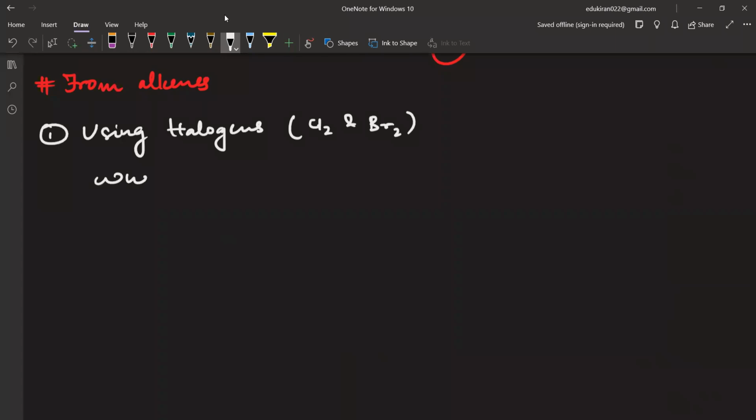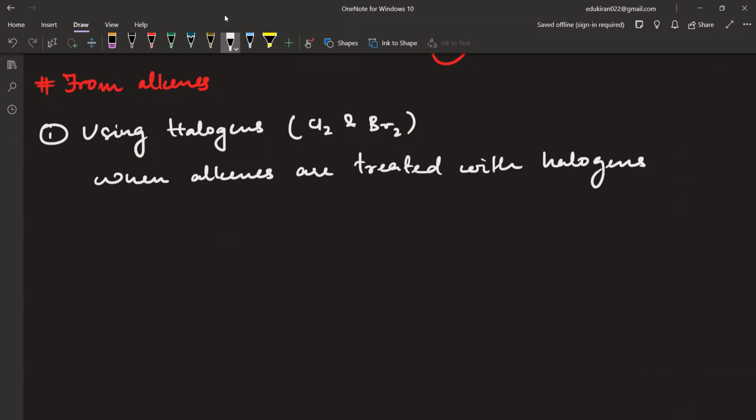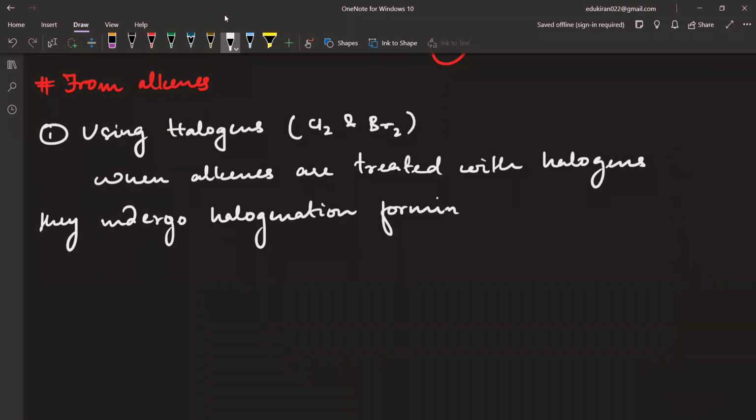So please write, when alkenes are treated with halogens, they undergo halogenation, forming vicinal dihalides. What are vicinal dihalides?